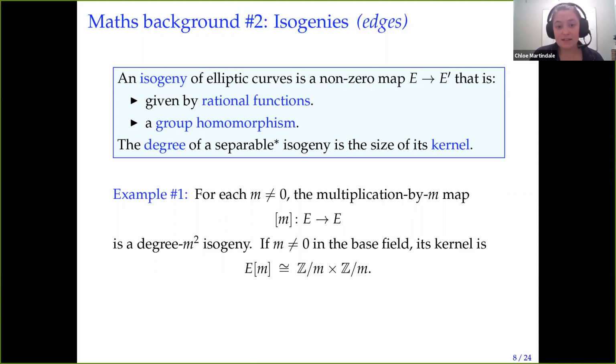And this E[m] here is called the m-torsion group, and that is just the kernel of this multiplication by m map. This is notation that will come back, so I apologize for all the notation. Just try and remember what that E[m] is if you haven't seen it before. Any questions about this?